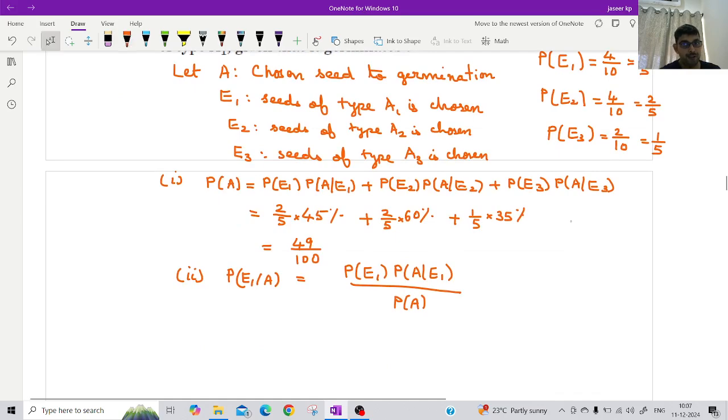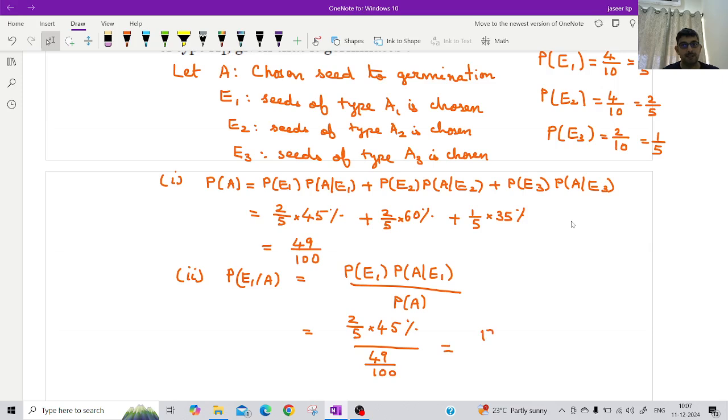So it will be 2/5 into 45%, and the denominator is 49/100. On simplification, this answer will come as 18/49. So 18/49 is the answer for the second part.